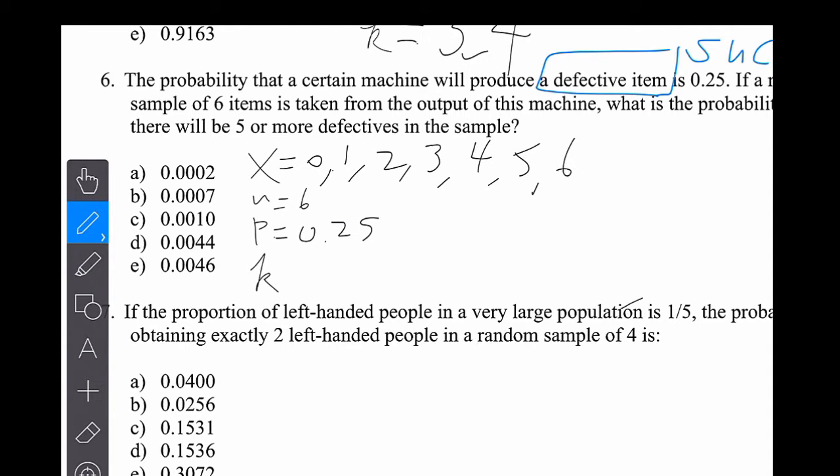But this question, I want to find the probability that there will be 5 or more defective. So I just want to calculate 5 or more, so 5 or 6.